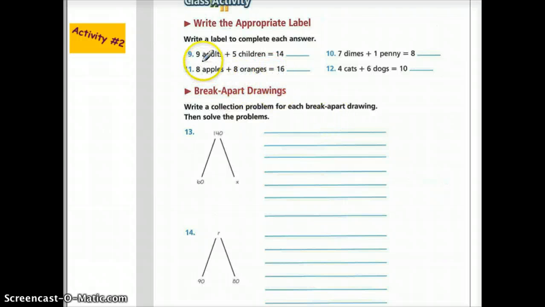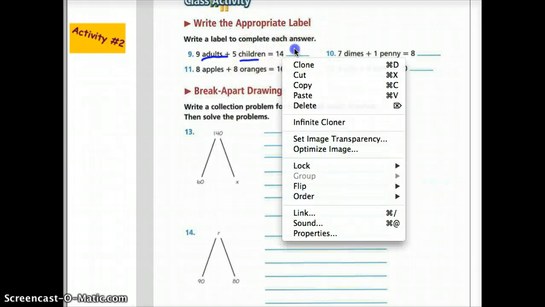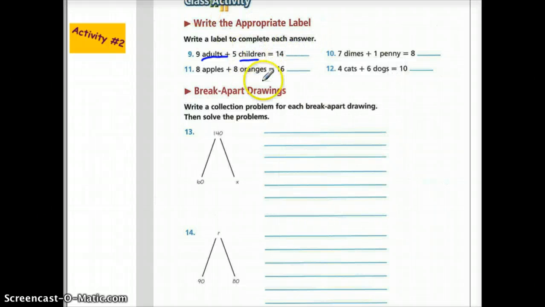If we're combining adults and children, those are both people, so I'm going to label this people. If I have 7 dimes and 1 penny, that equals 8 coins. Okay, see if you can do 11 and 12 on your own.